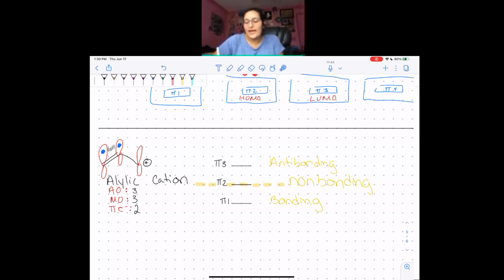Because, again, we have to have the same number of bonding and anti-bonding. So when we have an odd number, the one that's left over in the middle is going to be non-bonding. And as we said last time, antibonding gets a little star. Non-bonding doesn't get anything special.